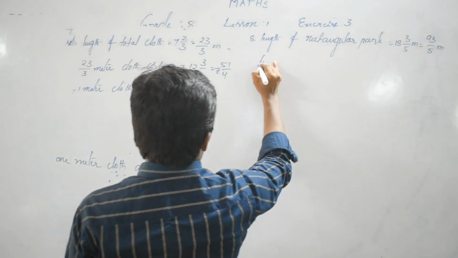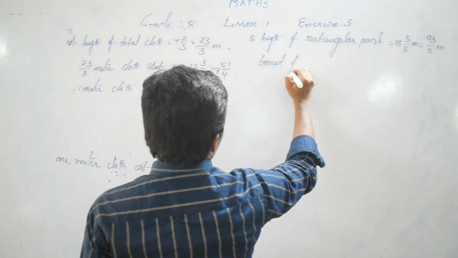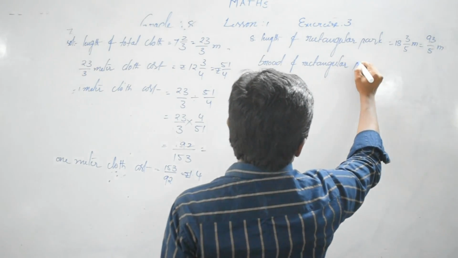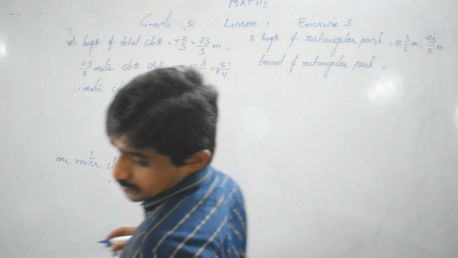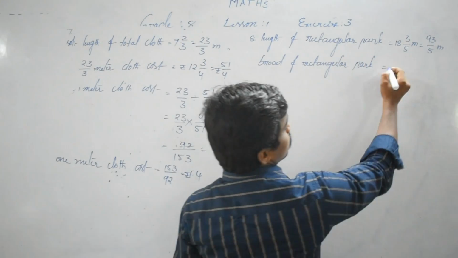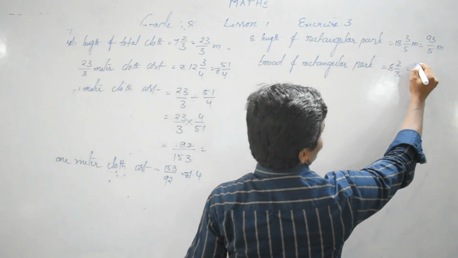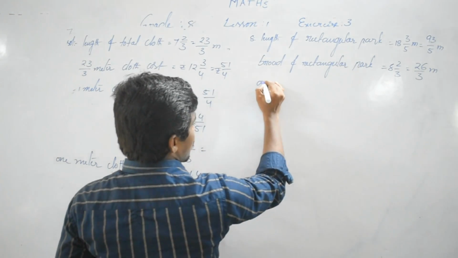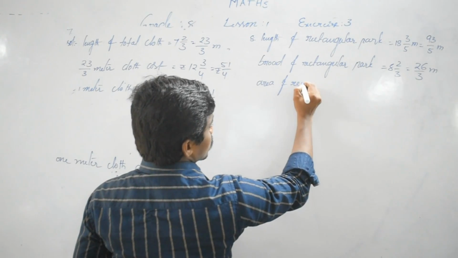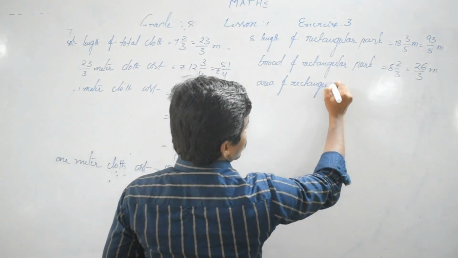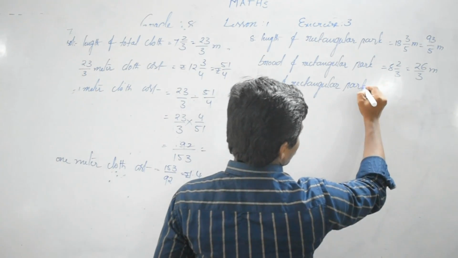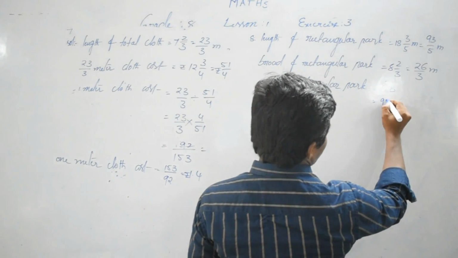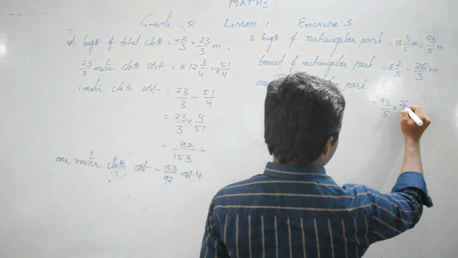Next, breadth of the rectangular park, how much? Here 8 2 by 3. So 26 by 3 meters. So area of the rectangular park is equal to L into B. Length we know, breadth we know. 93 by 5 times 26 by 3.